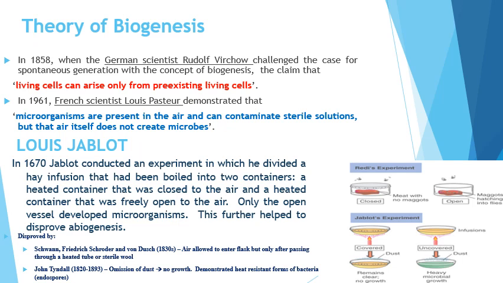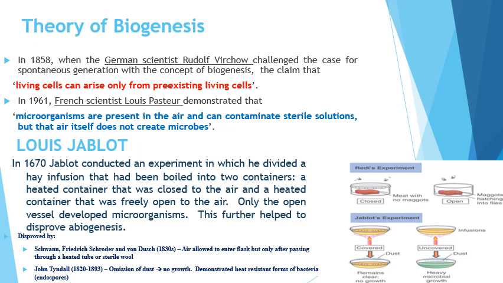After this, in 1858, the German scientist Rudolf Virchow challenged the case for spontaneous generation with the concept of biogenesis, the claim that living cells can arise only from pre-existing living cells. Another scientist, in 1861, Louis Pasteur, demonstrated that microorganisms are present in the air and can contaminate sterile solutions, but that air itself does not create microbes.